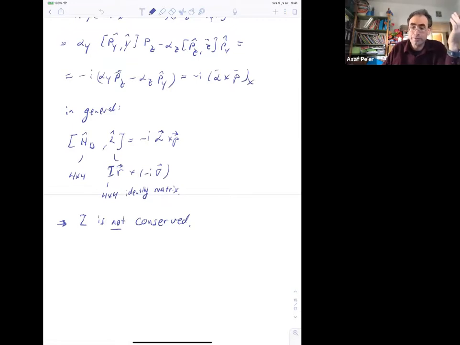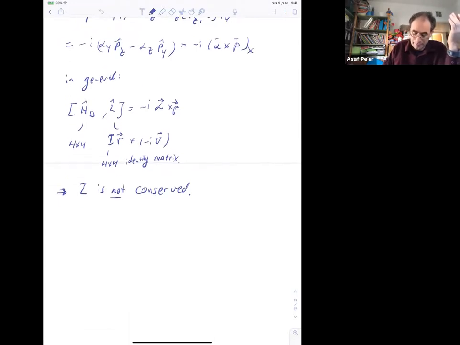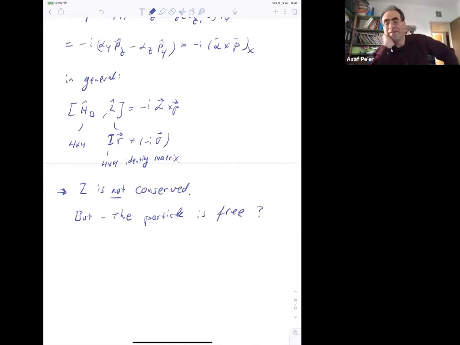But how can it be, right? The particle is free. We didn't put any potential here to confine the particle. How can it be? So in Dirac's theory, the angular momentum is not conserved.